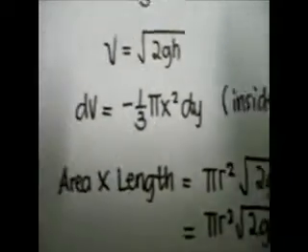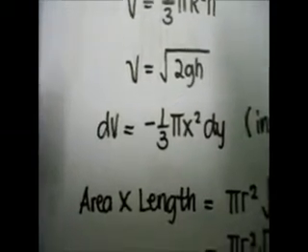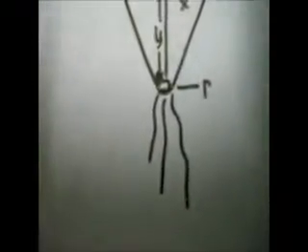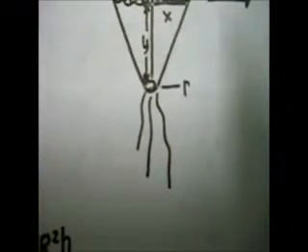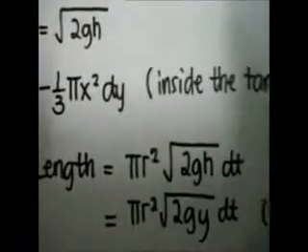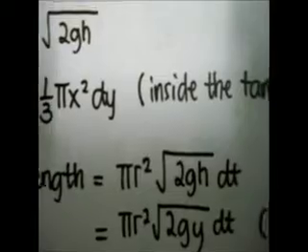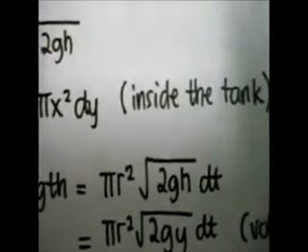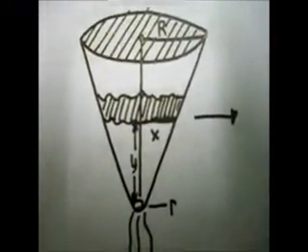We all know that area times length is the volume. So solving for the volume that comes out from the tank, we have this: pi r squared square root of 2gh dt. The r squared here is the hole at the bottom of the right circular cone.